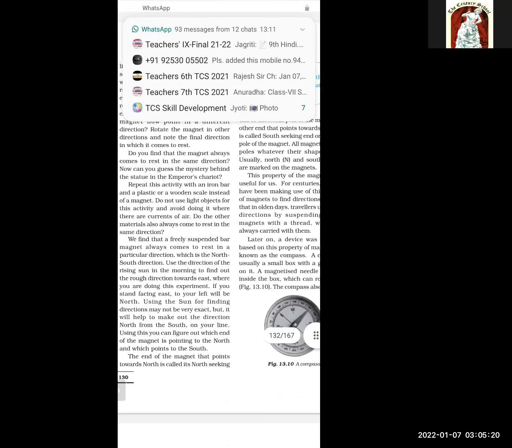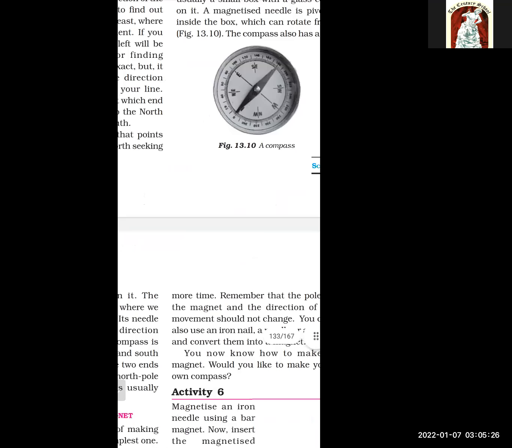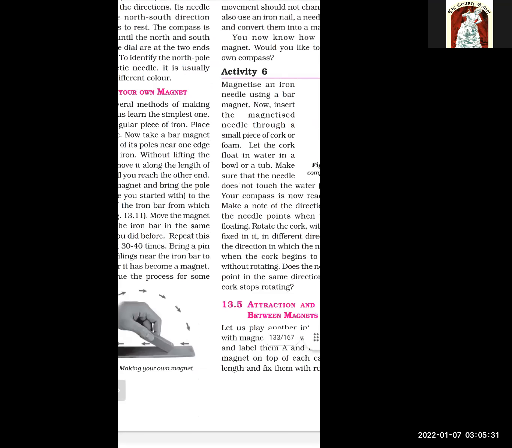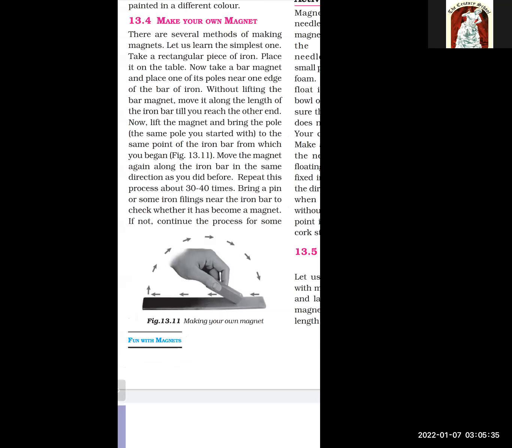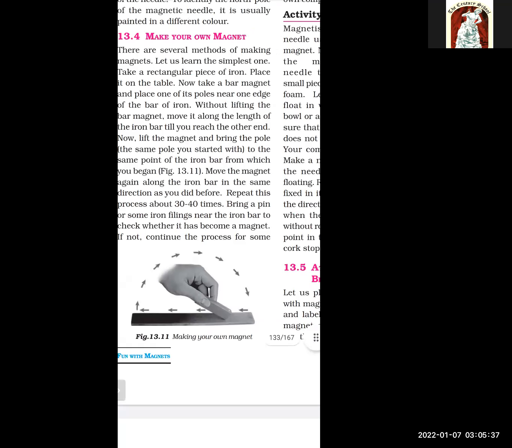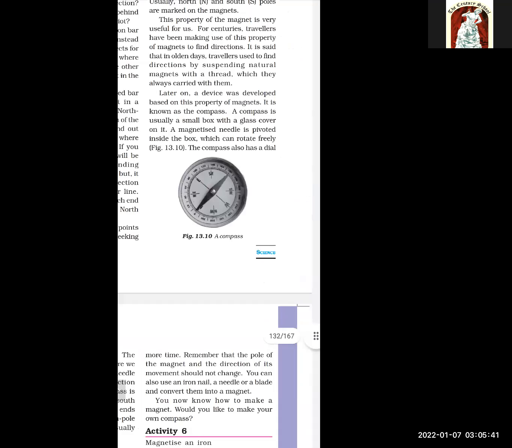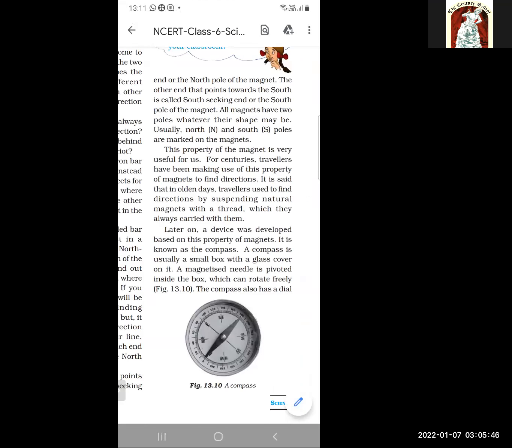You have to draw this compass in the fair notebook, along with different shapes of the magnet and making your own magnet. So you have to draw three pictures: making your own magnet, a compass needle, and different shapes of the magnet in the fair notebook. And you have to solve the assignment in the practice notebook.